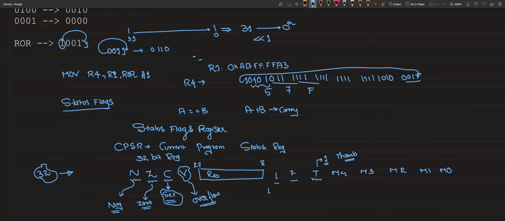And this I and F. One is the IRQ interrupt and another is the fast interrupt, FIQ. These are used to enable those interrupts. Hope you know the meaning of interrupt. For instance, if your processor is doing some process, and some external signal comes in, let me consider the example of your airbag. Your microprocessor or ARM processor will be doing engine operations, infotainment operations, speed measurement operations, and so on.